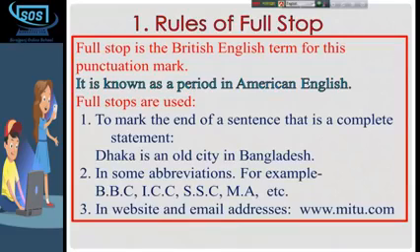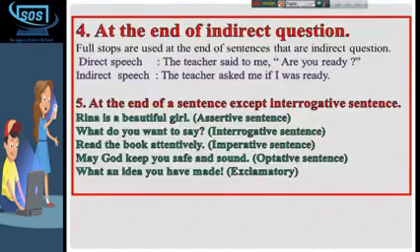In some abbreviations, we need to use full stop. In a website and email address, we use full stop. Here, full stop is called dot. Like this, www.mithu.com. Students, we have more rules of full stop.